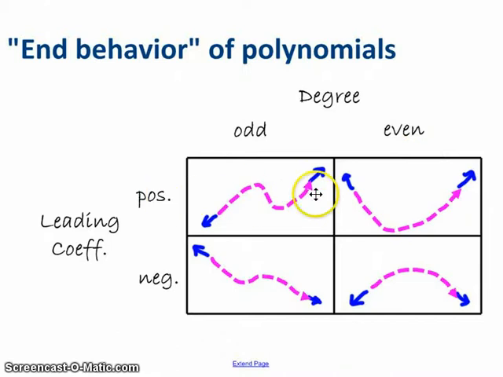So we said that the positive quadratics are U-shapes and the negative quadratics are upside down. And the next step beyond a quadratic, the third degree, instead of having the exact same end behavior, it starts low and ends high, or the opposite, starts high and ends low. Enough of that, you're going to have to memorize it.